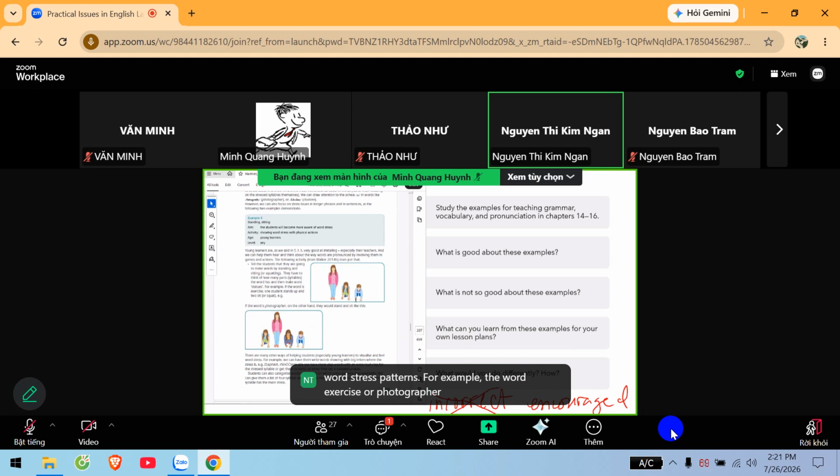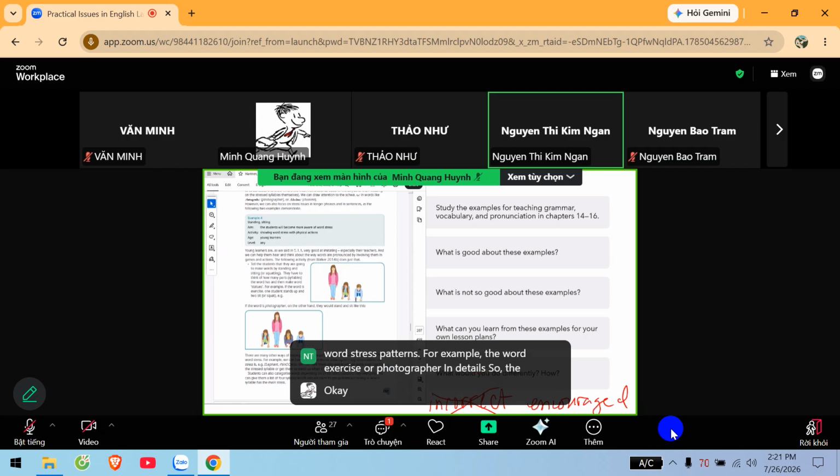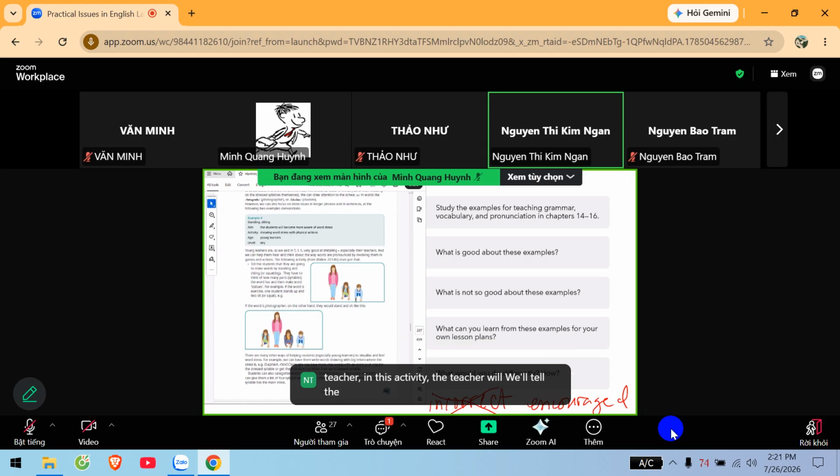Okay. In detail, the teacher in this activity will tell the students that they are going to make words by standing and sitting. They have to think of how many parts, syllables, the word has, and then make word statues.